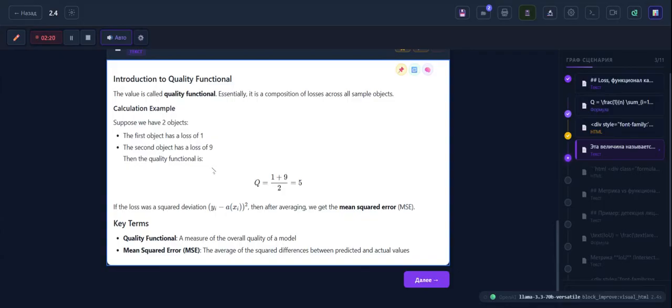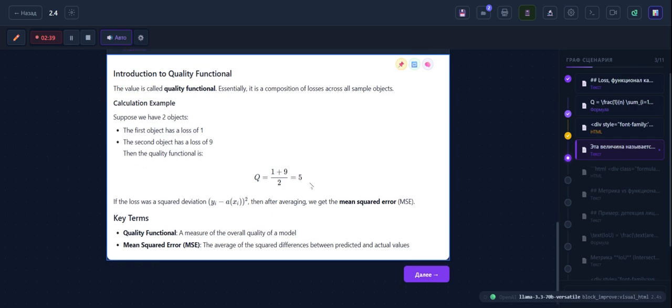We got a loss of 1 for the first and a loss of 9 for the second. So now we have totally two objects. So we sum them and divide them by 2, and we get quality function value 5.